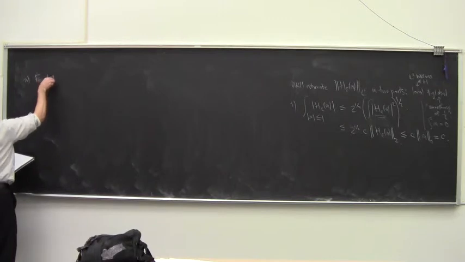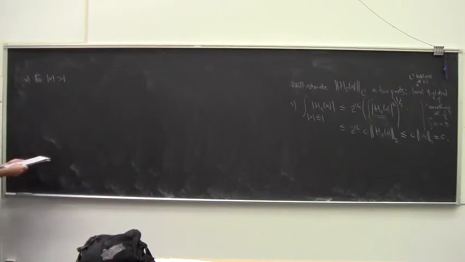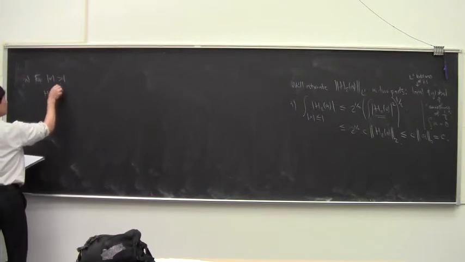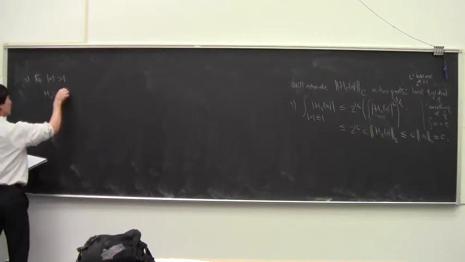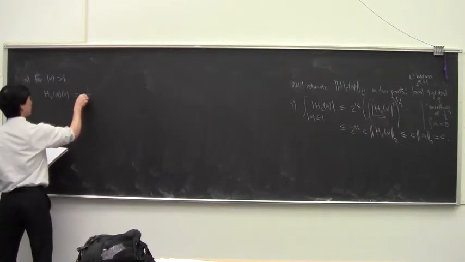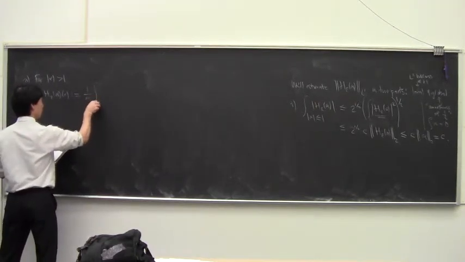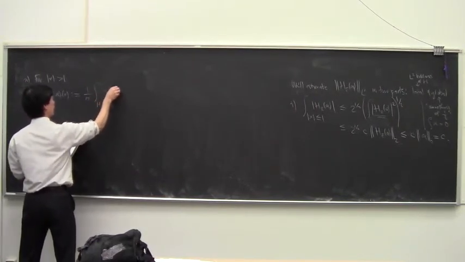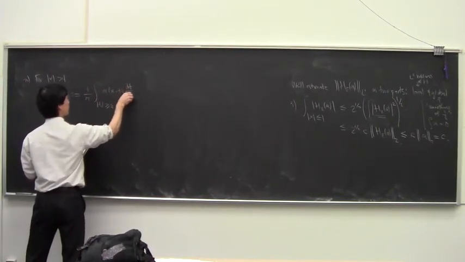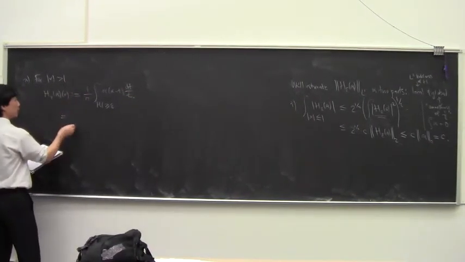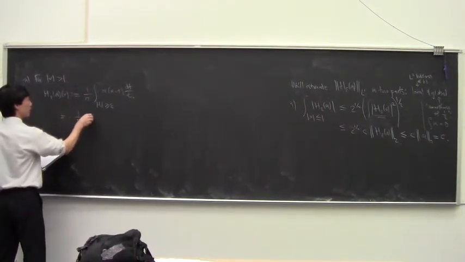For x of size bigger than 1, let's look at this thing. This is 1 over pi times the integral over t greater than or equal to epsilon of a(x minus t) dt over t. You can change the order of the convolution.